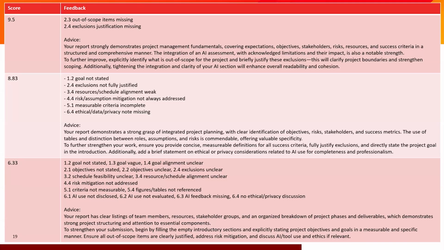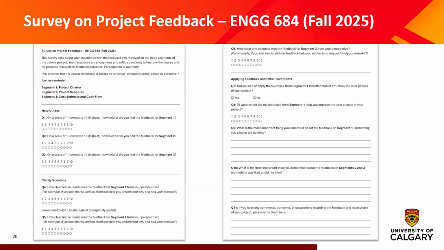So on the next slide: last semester, the fall semester, near the end of the semester, we asked students to complete a short survey about the feedback quality. The project had 3 main segments. Segment 1 was group work and submission, and segments 2 and 3 were individual work and submissions.